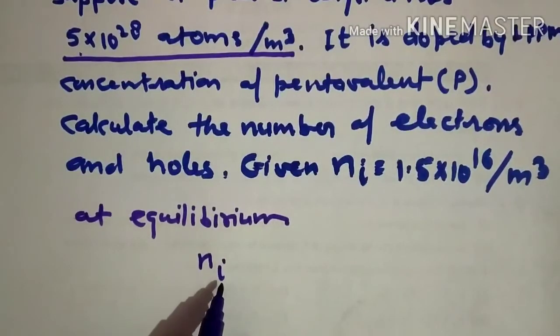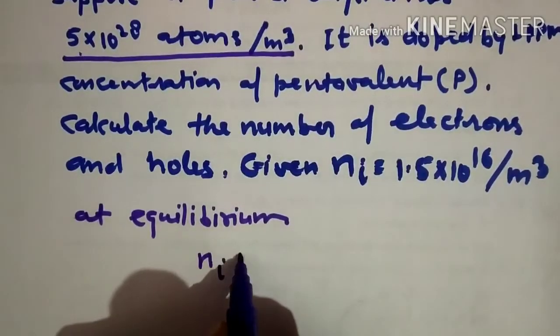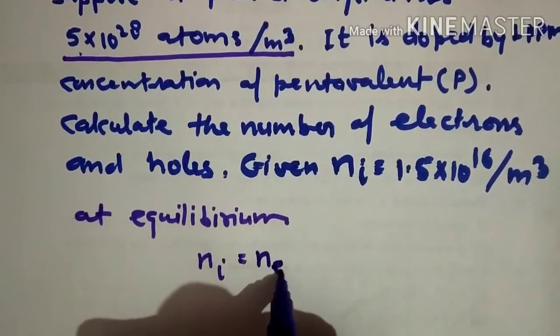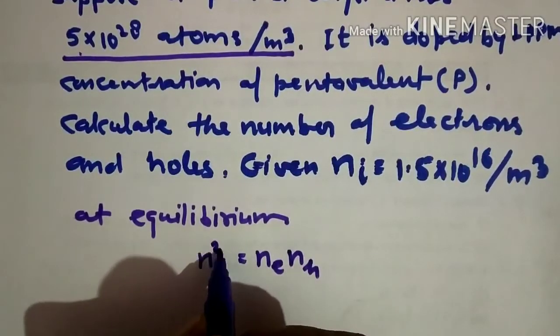This is the number of current carriers per unit volume, and it is related to the number density of electrons and the number density of holes according to this equation.